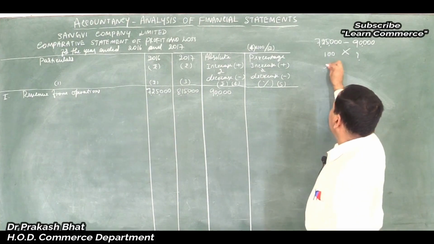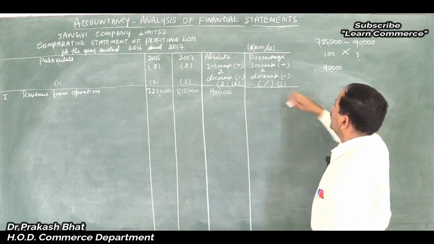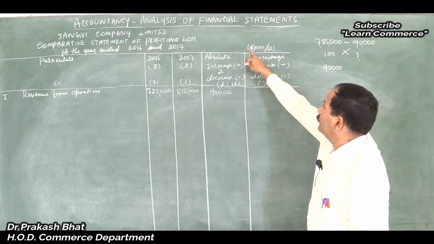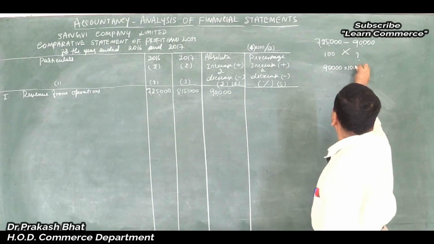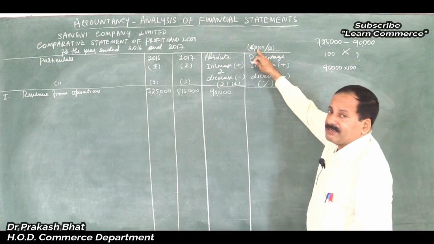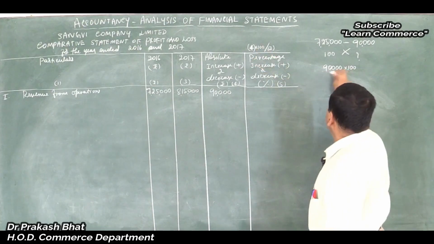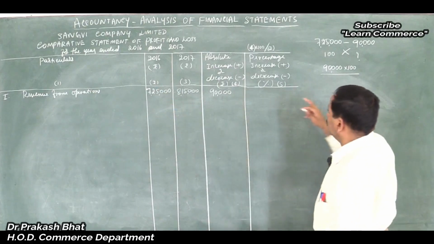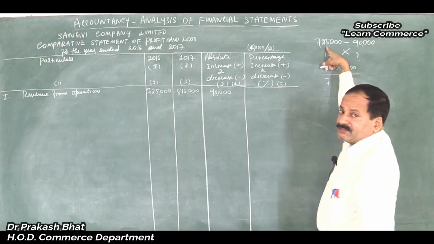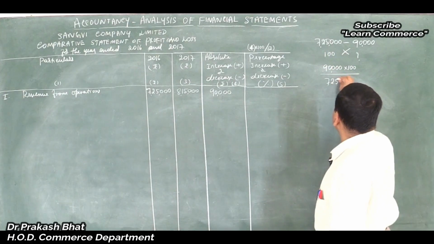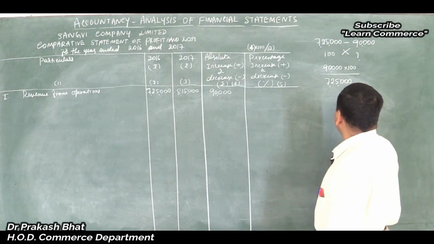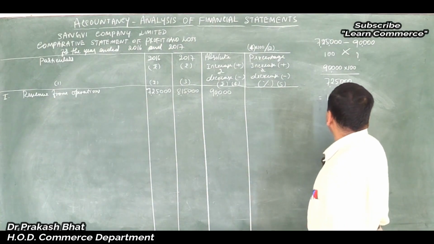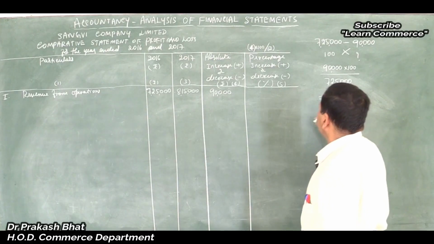Now multiply 90,000, that is column number 4, into 100, divided by column number 2, which is 7,25,000 here. If you simplify this, you will get 12.41. That is what you have to write here.